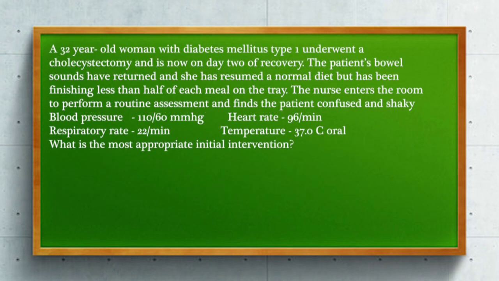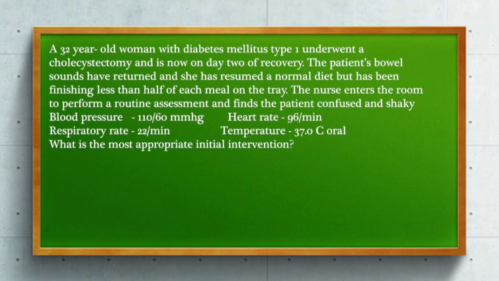Next question. A 32-year-old woman with diabetes mellitus type 1 underwent a cholecystectomy and is now on day 2 of recovery. The patient's bowel sounds have returned and she has resumed a normal diet but has been finishing less than half of each meal on the tray. The nurse enters the room to perform a routine assessment and finds the patient confused and shaky.